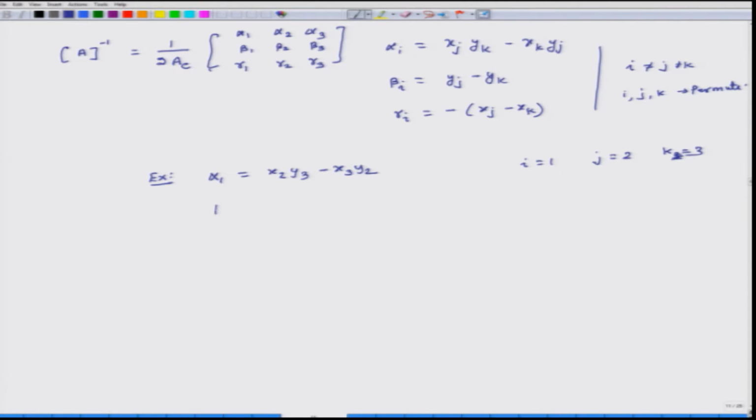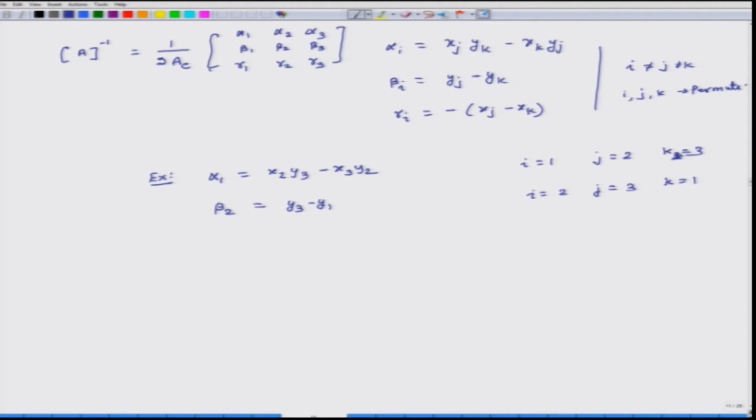Suppose I have to calculate beta 2, here i is equal to 2, j is equal to 3, k is equal to 1, 2, 3, 1. So, beta 2 equals y3 minus y1.